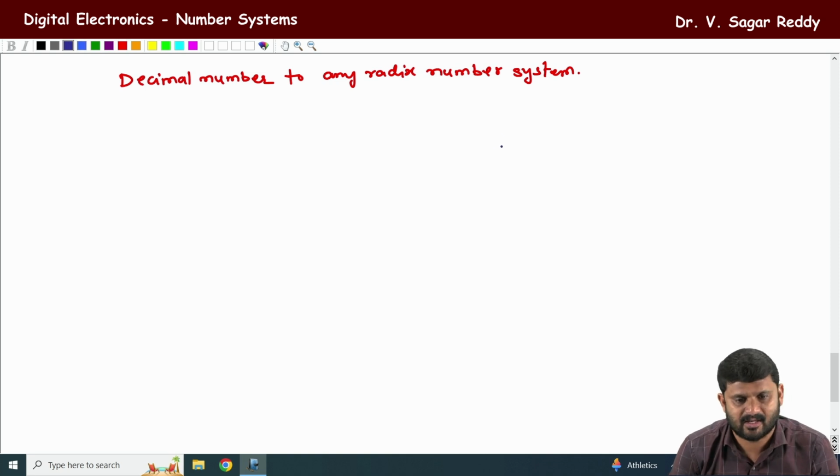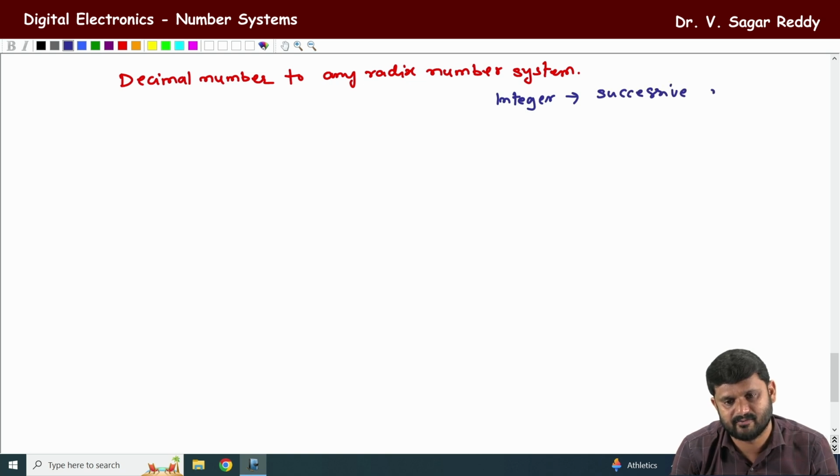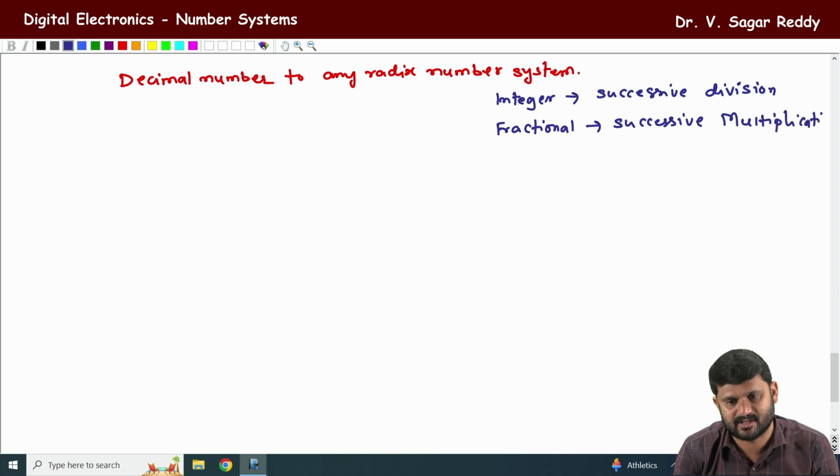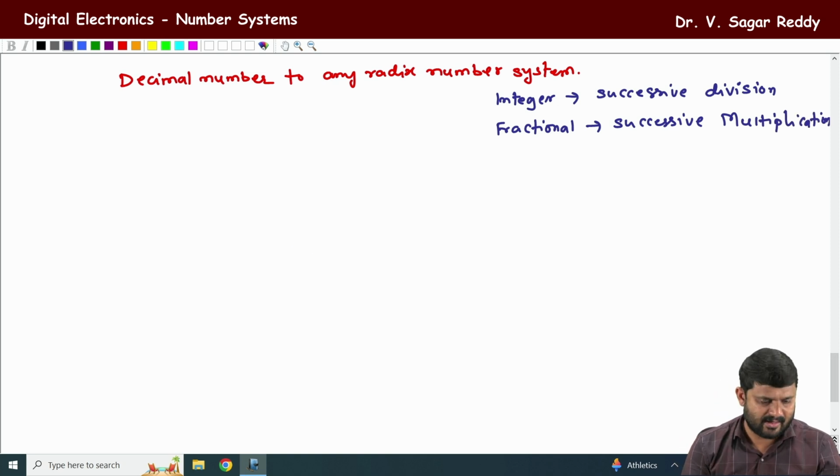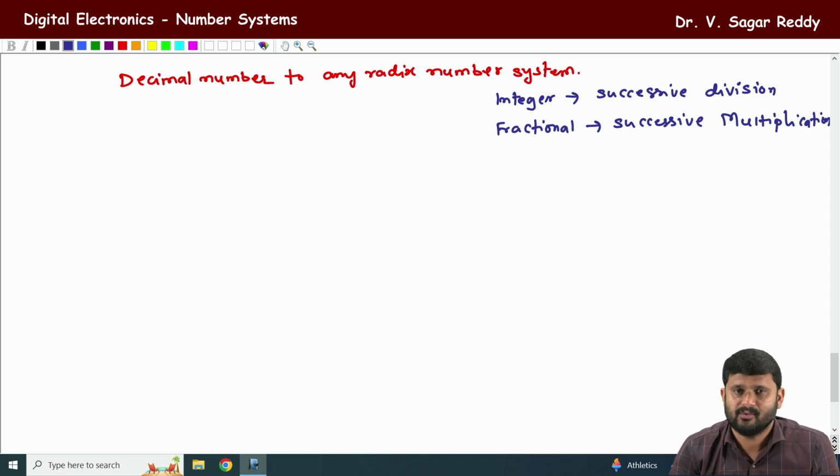One is for the integer part: we'll follow successive division. For fractional parts, we'll follow successive multiplication.